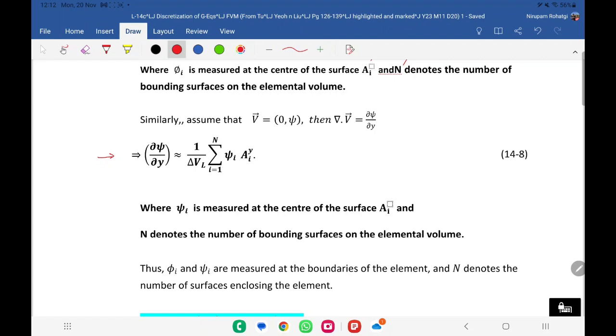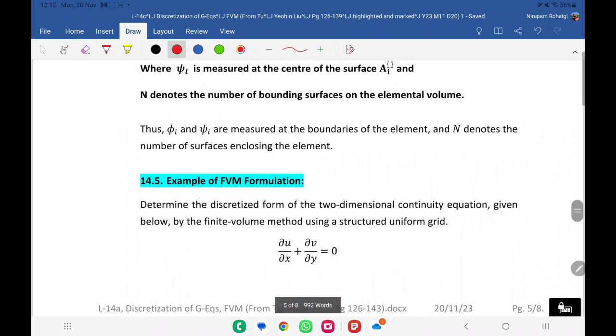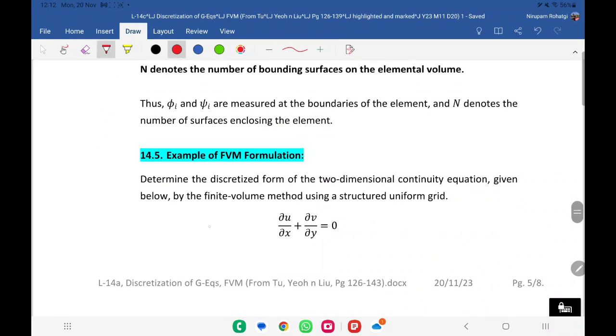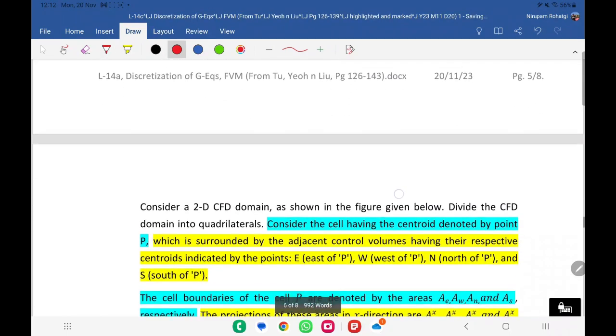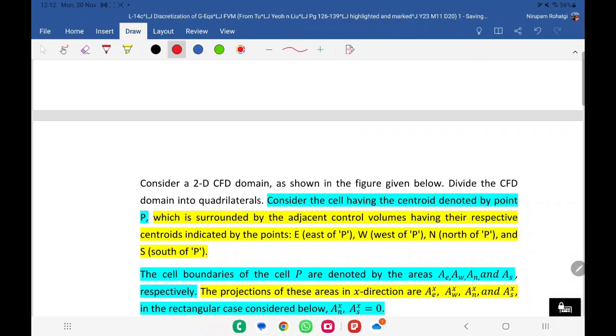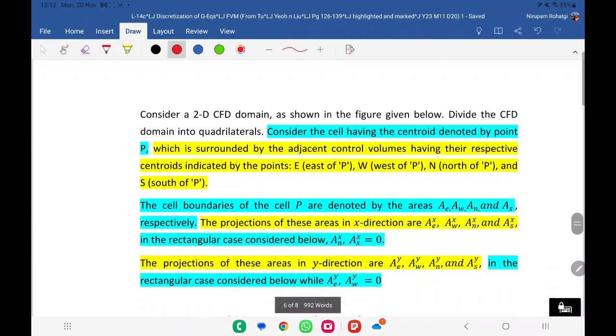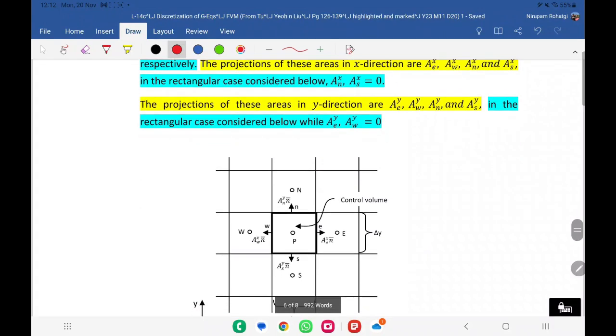Now we apply this to this equation, and once you apply it to del u by del x, you can find it. Now we take this problem.